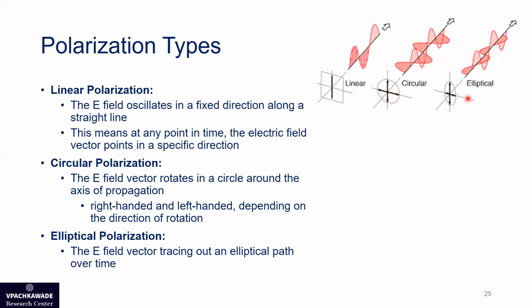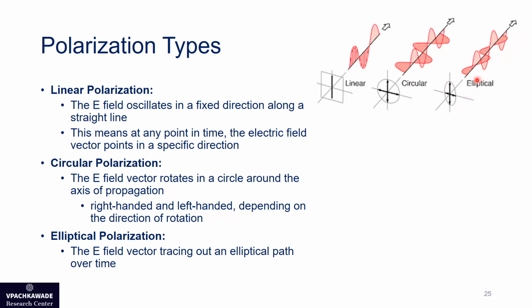Now, the third and final type is called elliptical polarization. It is similar to circular polarization, but you see that it is taking an elliptical shape, again shown by the dark shaded red sinusoidal waveform. This is the axis of propagation, and the component of E field is rotating, tracing out an elliptical path with respect to time along the axis of propagation.